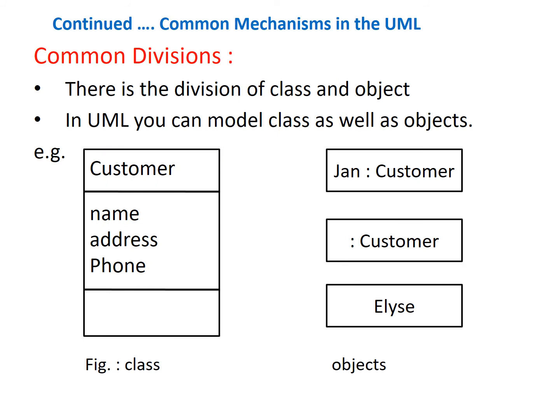Common divisions. In modeling object-oriented systems, the world often gets divided in at least a couple of ways. There is a division of class and objects. In UML, you can model classes as well as objects, as shown in the figure.